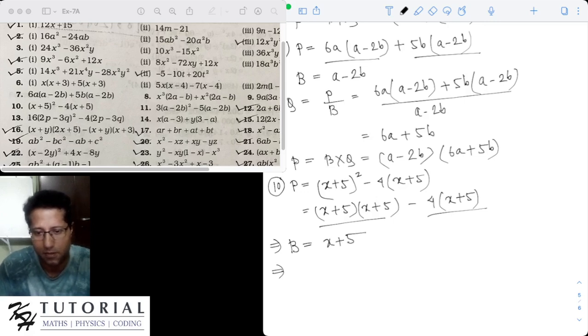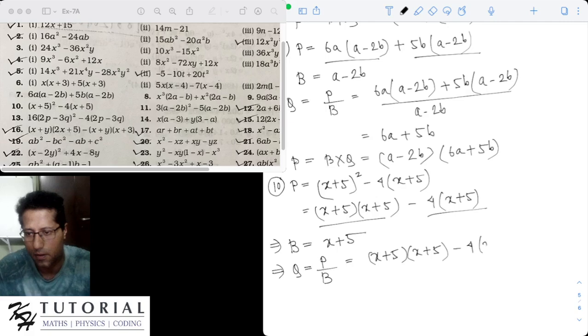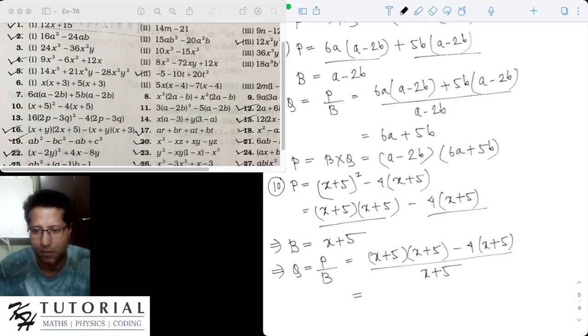So this implies q will be equal to p divided by b, which is equal to ((x + 5) multiplied by (x + 5) minus 4 into (x + 5)) divided by b. B is x + 5. So this is equal to x + 5 minus 4, and this is equal to x + 1.